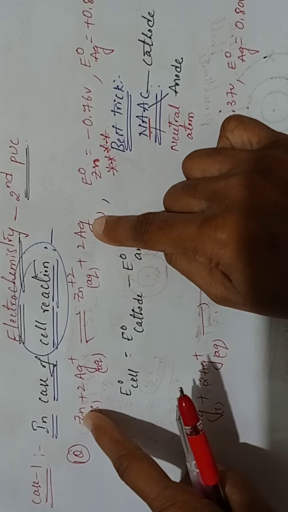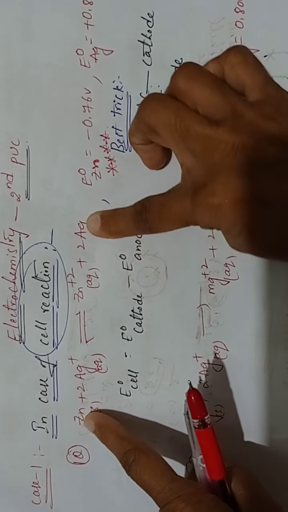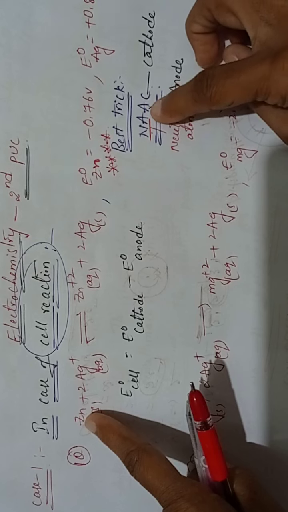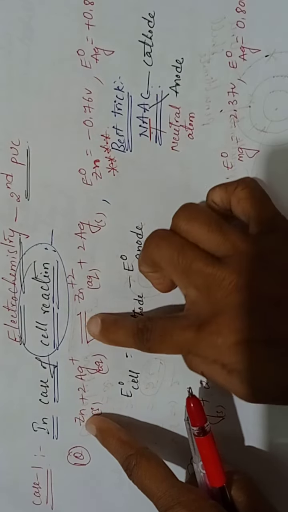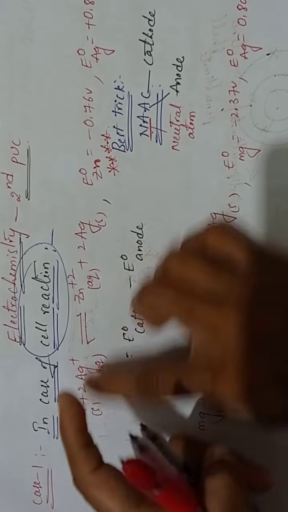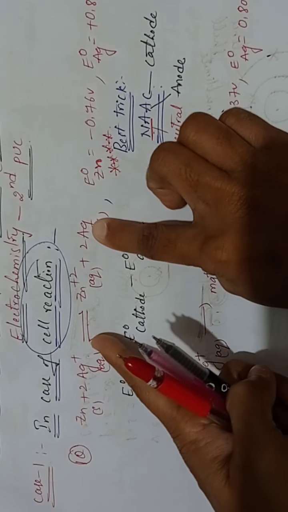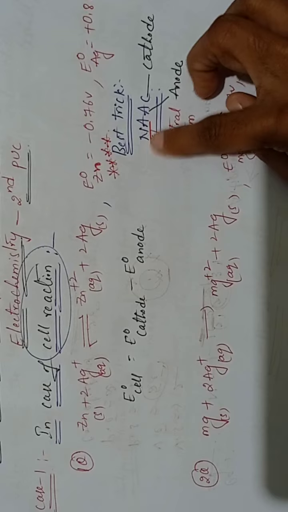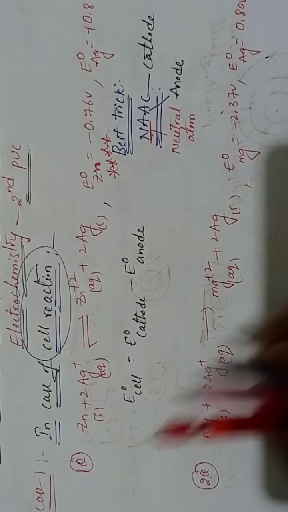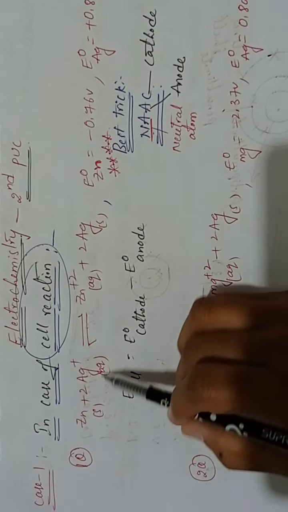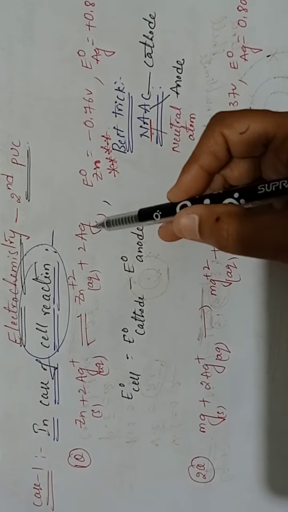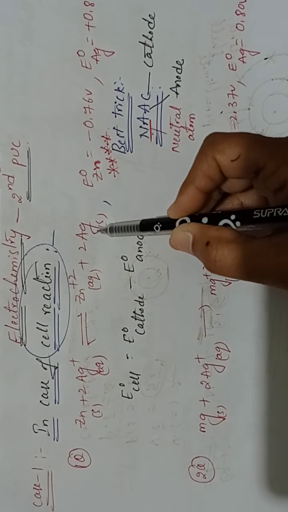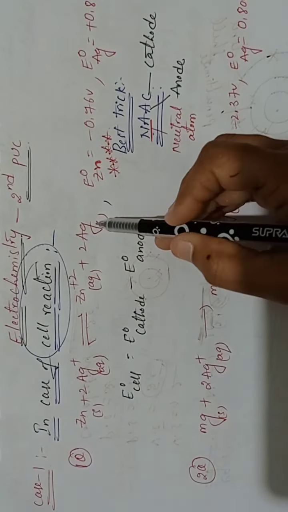Zinc is the anode and silver is the cathode. So in this reaction, the anode is zinc and the cathode is silver.